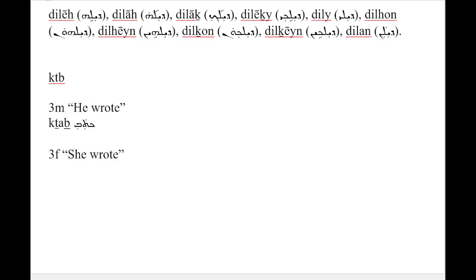I think I'll do it in Syriac. Let's do transliteration first. So we'll take thou. Sorry, when I use both Syriac and the Society of Biblical Languages transliteration, my muscle memory gets all fried. So that was he wrote, kthau.